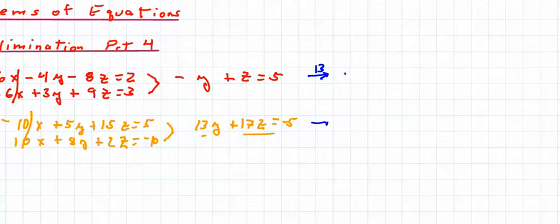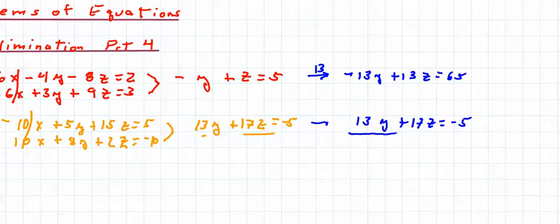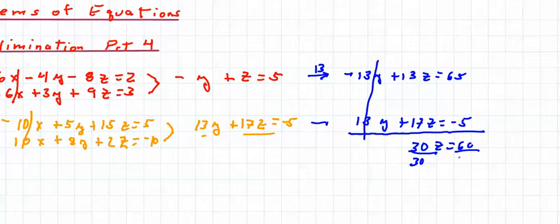So I end up with negative 13y plus positive 13z equals 65. And we have 13y plus 17z equals negative 5. I add those together, my y's cancel, and I end up with 30z equals 60. Divide by 30, divide by 30, z equals 2.